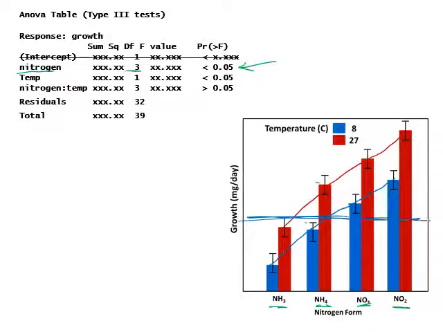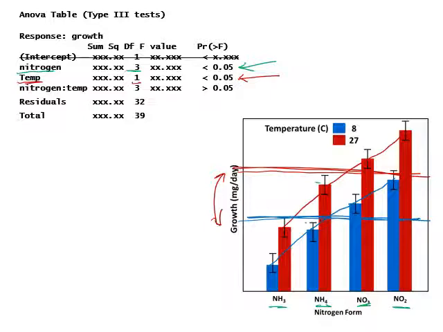But the average for the 4 red bars is way up here someplace. That's a big difference between the red and the blue bars. So in this case, there is a significant effect of temperature on growth.